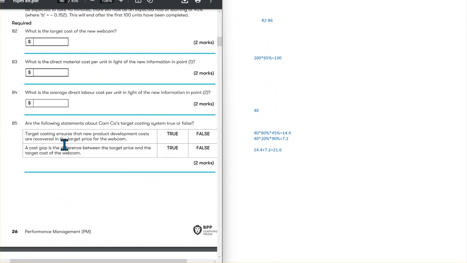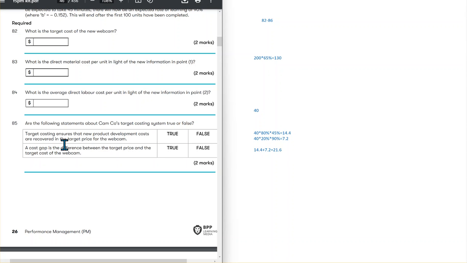Are the following statements about Camco's target costing system true or false? Target costing ensures that new product development costs are recovered in the target price for the webcam. A cost gap is the difference between the target price and the target cost of the webcam. Remember, cost gap is the difference between estimated cost minus target cost.